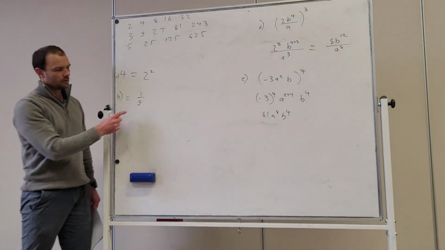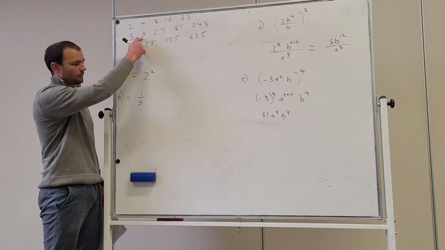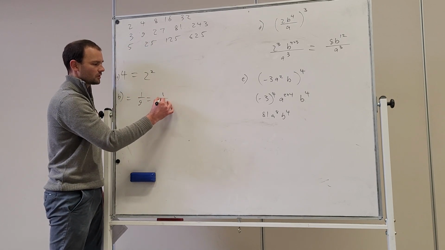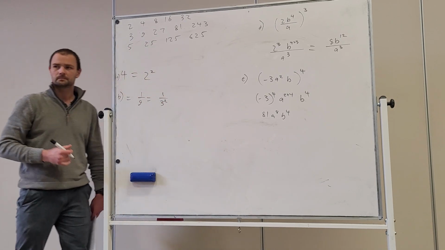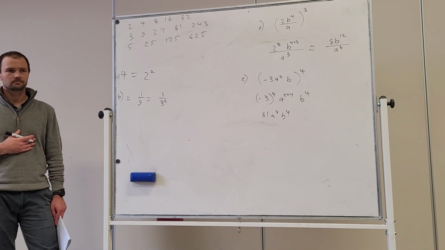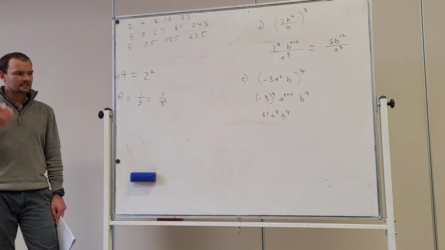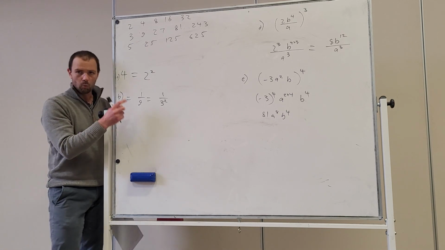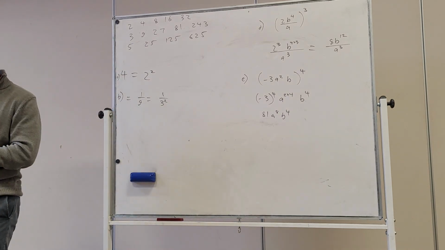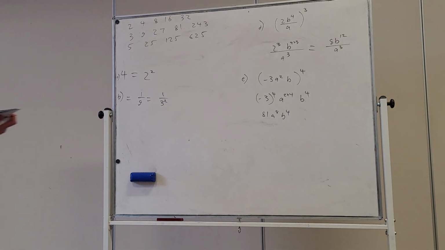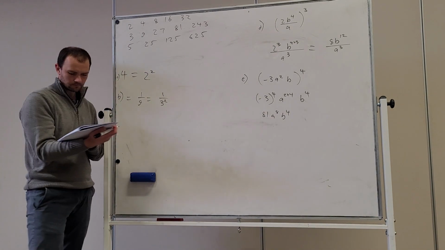All right. For B, we have 1 on top of 9. Alright, so 9 is a power of 3. So that's going to be 1 on top of 3 squared. Okay, and if we're writing it as a single power of 3, one of the index laws we're going to be using, I'll point out which one, the very last one, right down the bottom.